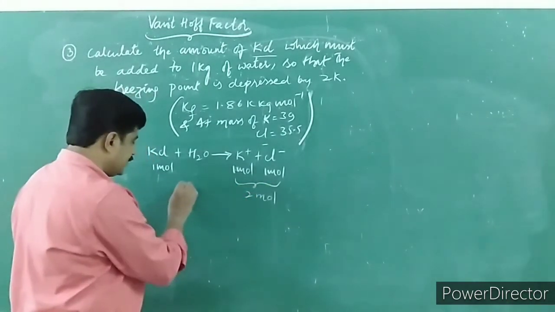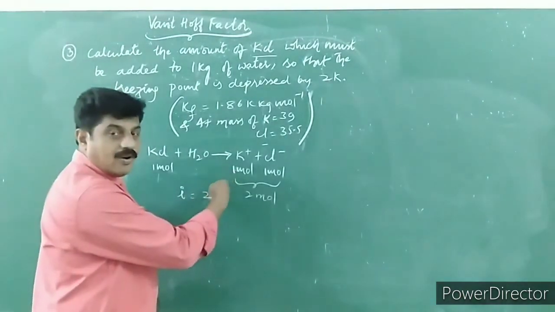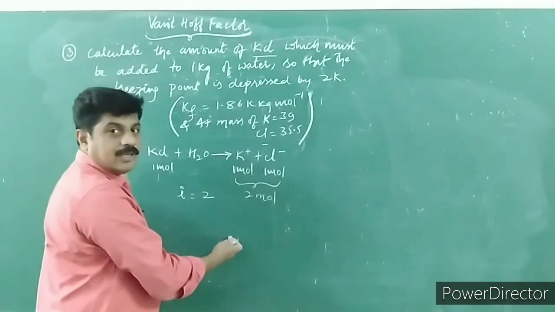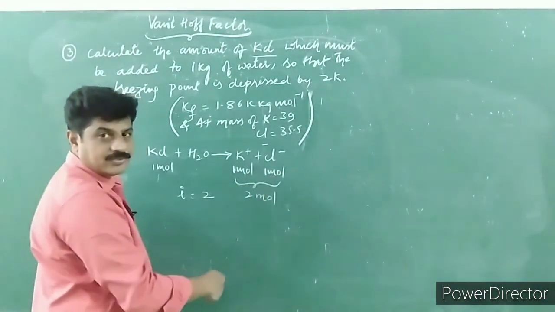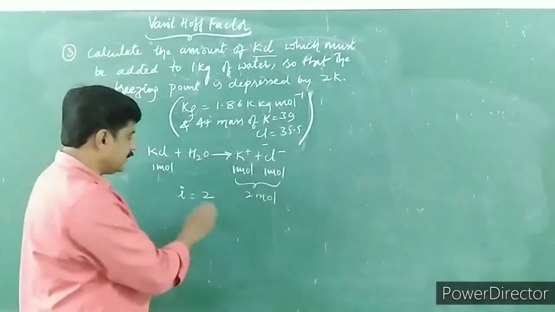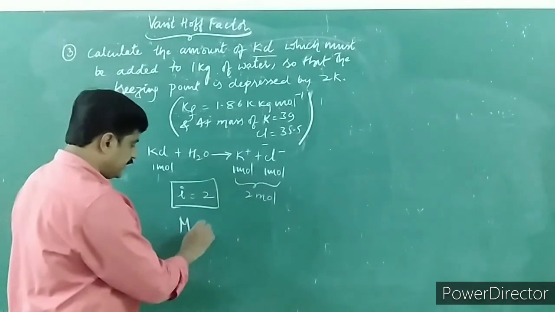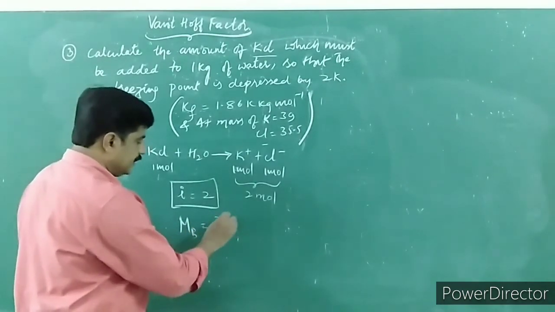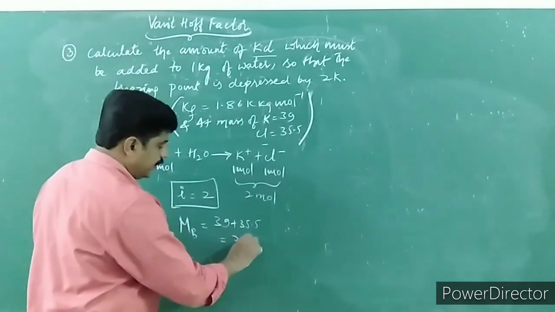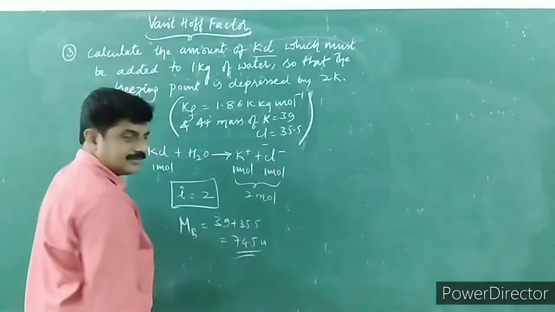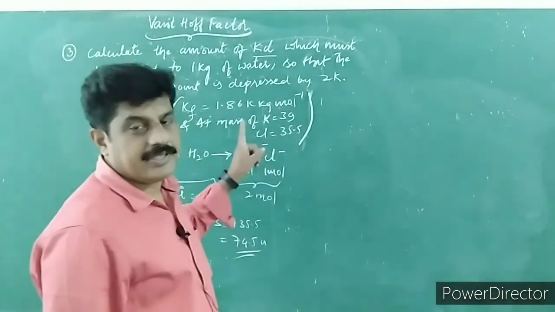That means i is equal to 2. Why? i is equal to the total number of particles after dissociation upon the number of particles before dissociation. After dissociation it is 2 and before dissociation it is 1, so 2 by 1 is equal to 2. And MB, molar mass of KCl: you add 39 plus 35.5, you are going to get 74.5 unified mass. With this, you can easily solve the numerical which is written on the board.